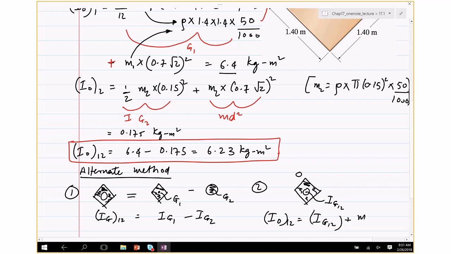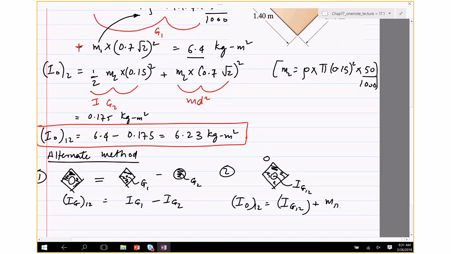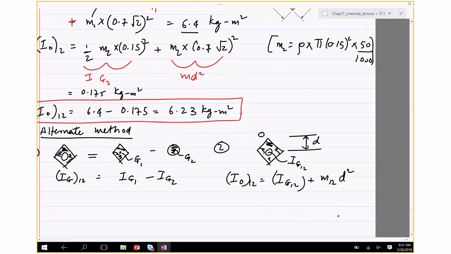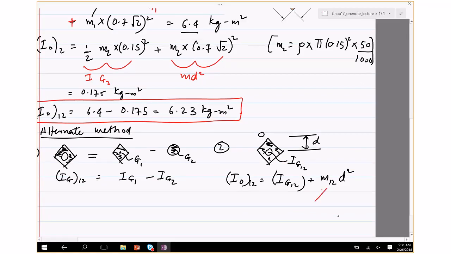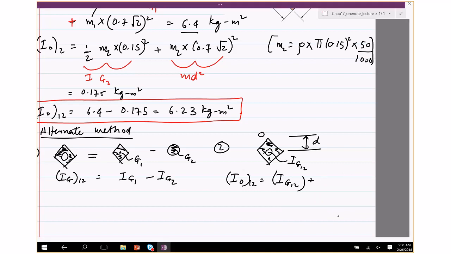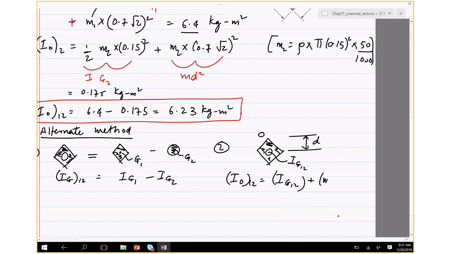plus the mass of the system, which will be the mass of the square plate minus that of the hole, times the distance squared. Maybe a better way to write this is (m1 minus m2) d squared.